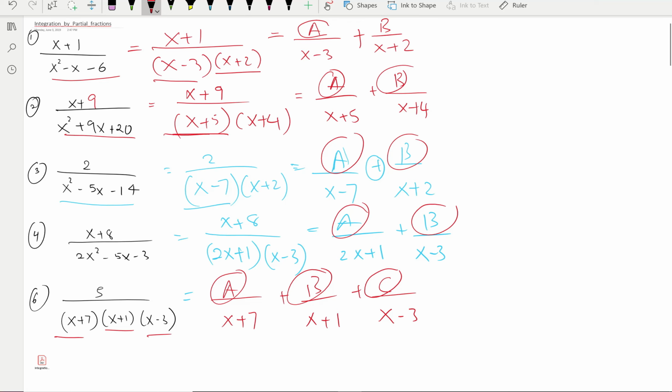For example, here if I had x plus 5 squared, we can't do the thing that we just did here. So what do we do when we have repeated factors? What do we do if we have non-linear factors, like second degree factors, third degree polynomials as our factors? So let's learn how to write the initial step of decomposition, and then evaluating constants is the same for all the cases. We use the same process. So let's learn how to evaluate constants a couple of videos after.